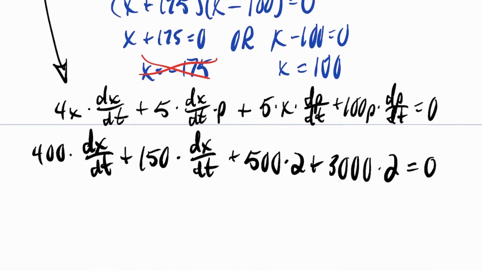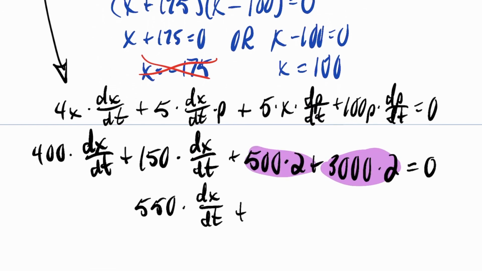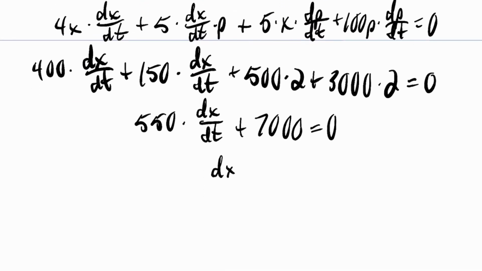So I'm going to have 550 dx dt plus, well, this is 6,000 and this is 1,000, so 7,000. So I can subtract 7,000 on both sides. Sorry, 550 times dx dt equals negative 7,000.